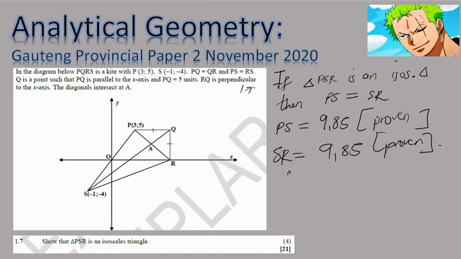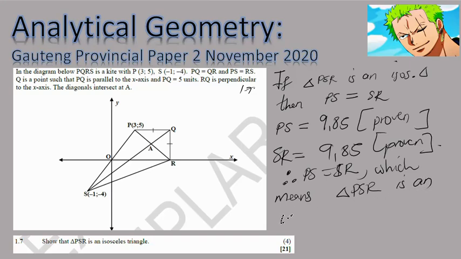Therefore, PS is equal to SR, which means triangle PSR is an isosceles triangle.